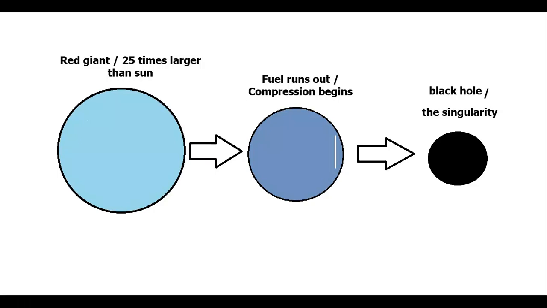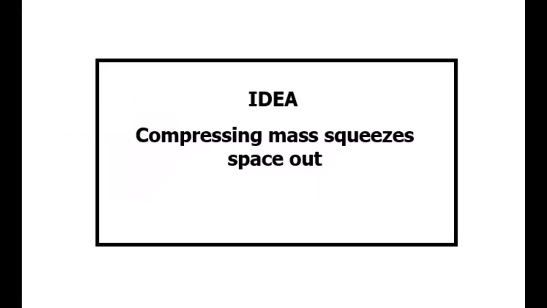Gravity compresses the matter, and in the very end, the compression continues and continues until the volume of the star is like an incredibly dense idea. Compressing mass squeezes space out.